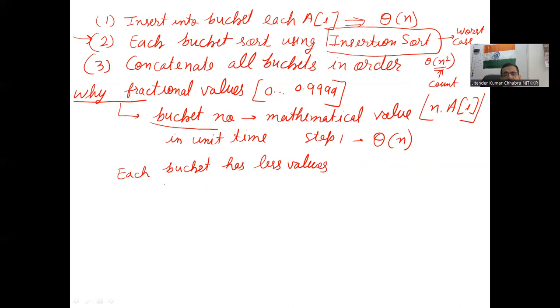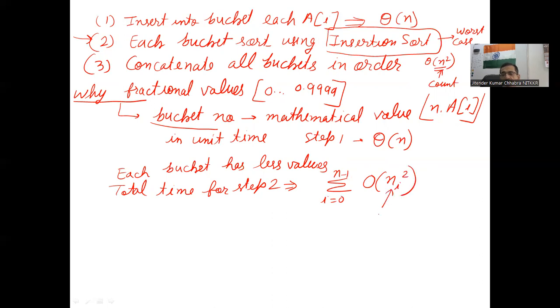And so I can say my total time for step 2, which is the sorting of each bucket, will be nothing but the sum for i equal to 0 to n minus 1 of order of n_i square, where n_i is the number of values in bucket b_i, in bucket number i.